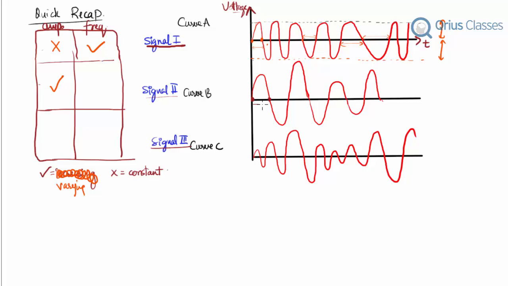This much, again this much, almost the same length for this part, and again for this part. So the length remains almost constant, so the frequency is not varying, it is constant. Similarly, for curve C, it is quite clear that the amplitude is varying and the frequency is also varying.